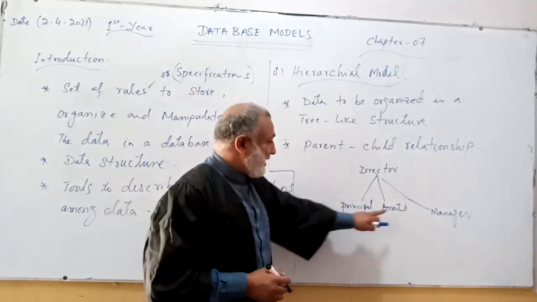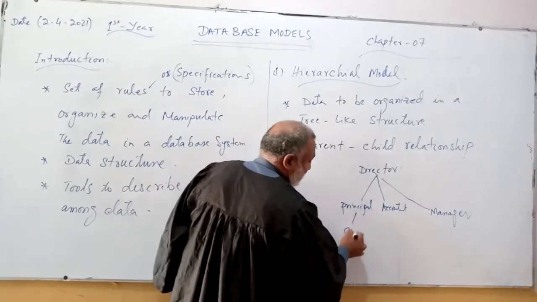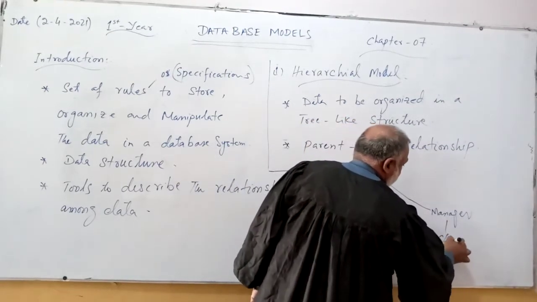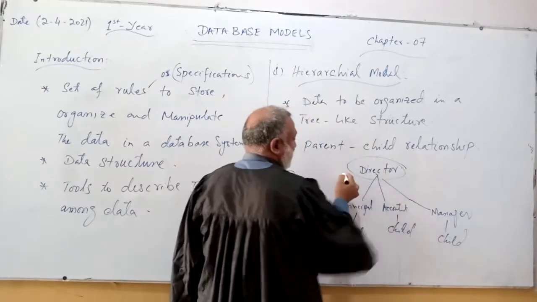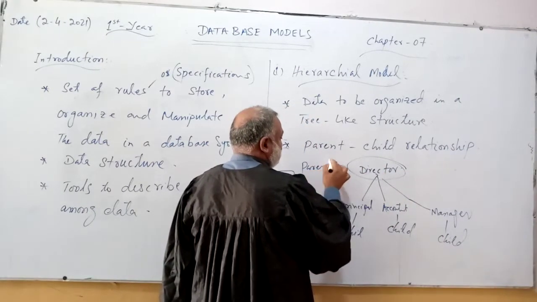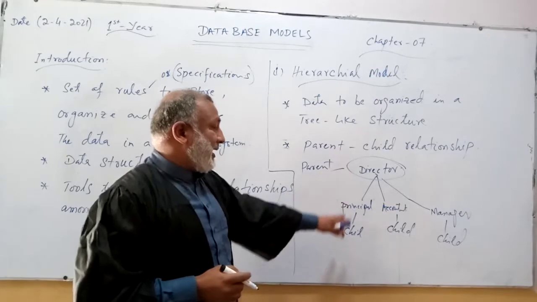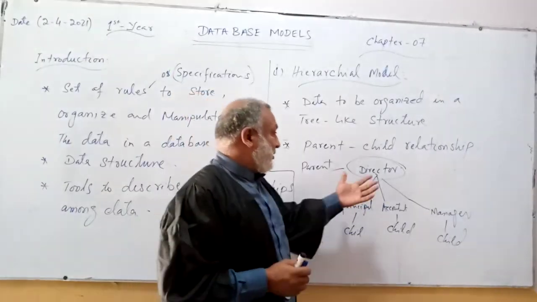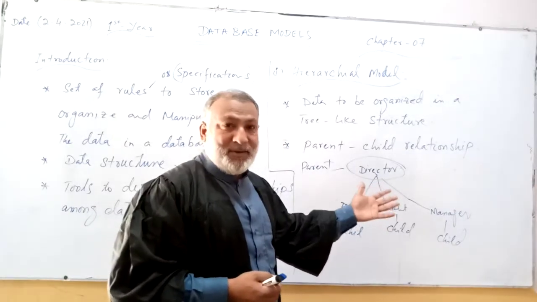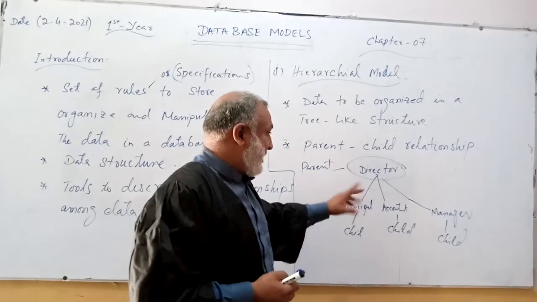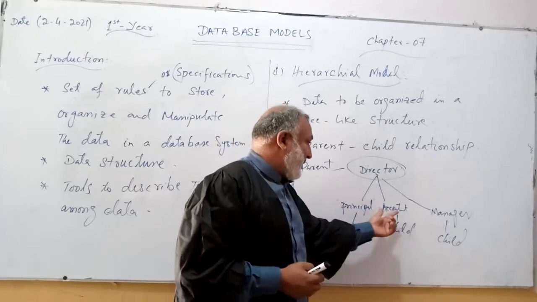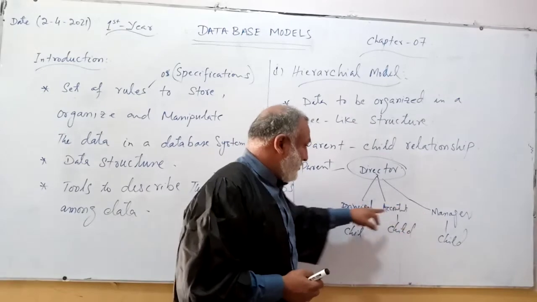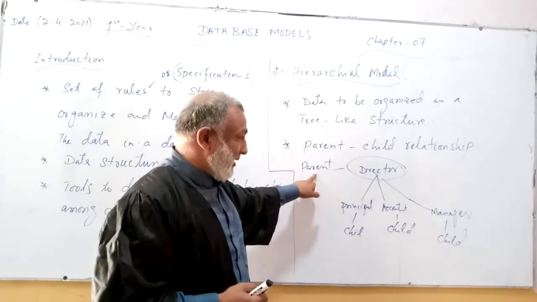So these three are the children, and this is the parent. It is called a parent-child relationship. The principal, accountant or manager are working under the direction of the director, so these become the children and this becomes the parent.